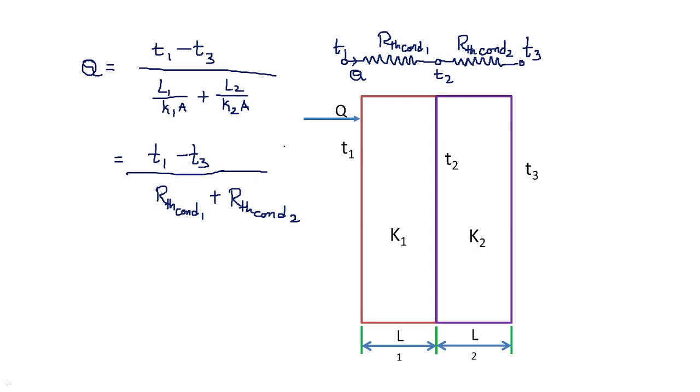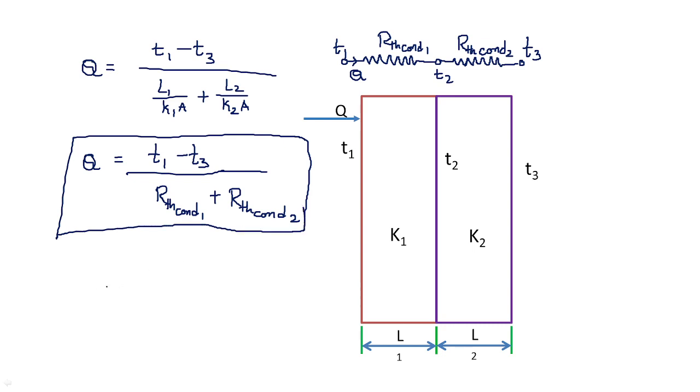Now for two slabs, this is the formula that we have got. Suppose in the problem, he has given 3 or 4 slabs. Then what will you do? Then we will see a generalized formula for this.